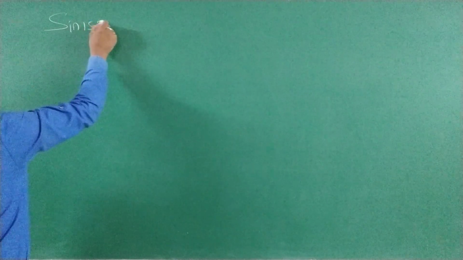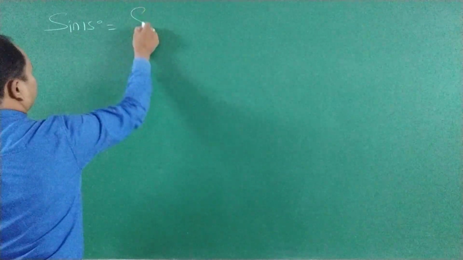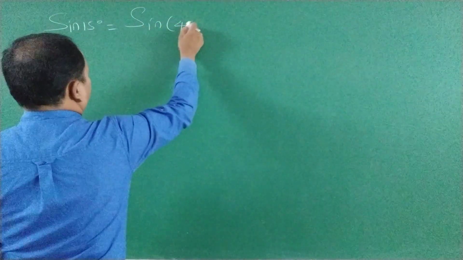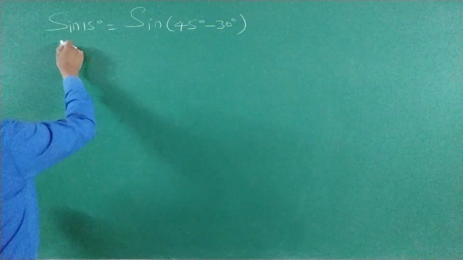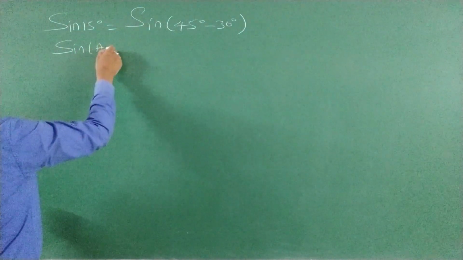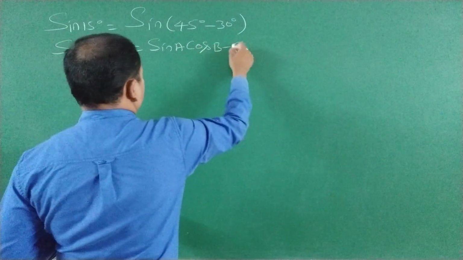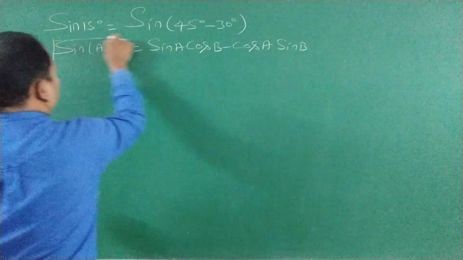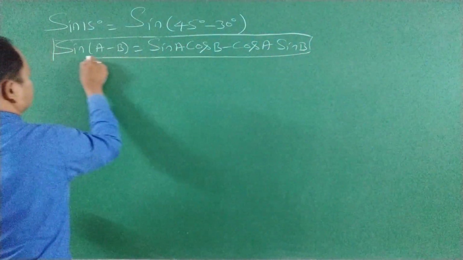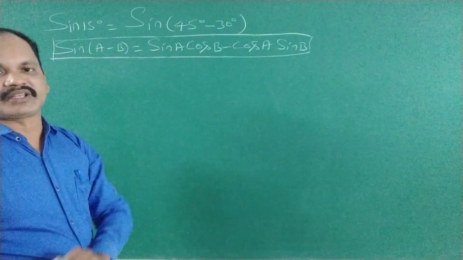Now we have to find sin 15 degrees. Sin 15 can be written as sin of 45 degrees minus 30 degrees. This depends upon the formula sin(A minus B) is equal to sin A cos B minus cos A sin B. Now by using this formula, we substitute in place of A 45 degrees, in place of B 30 degrees.